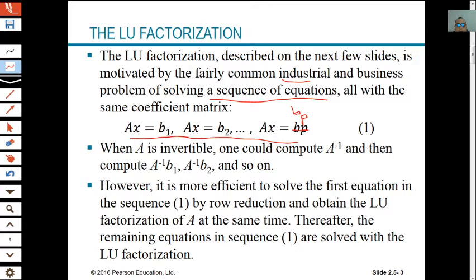The LU factorization can be useful when we solve a sequence of systems like this one.